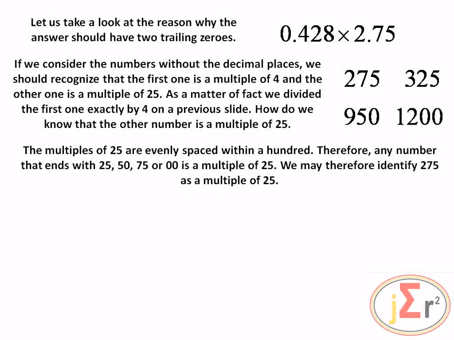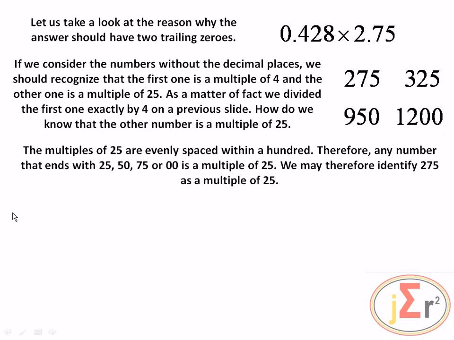Therefore, any number that ends with 25, 50, 75, or 00 is a multiple of 25 because within 100 the multiples of 25 are evenly spaced, 25 units apart. We may therefore identify 275 as a multiple of 25.